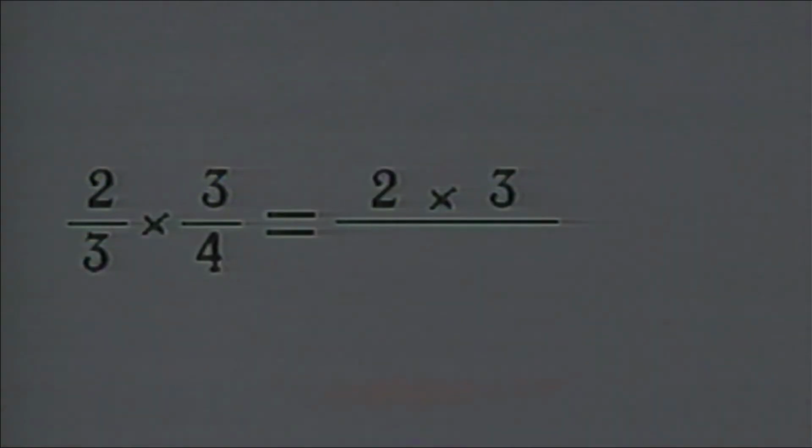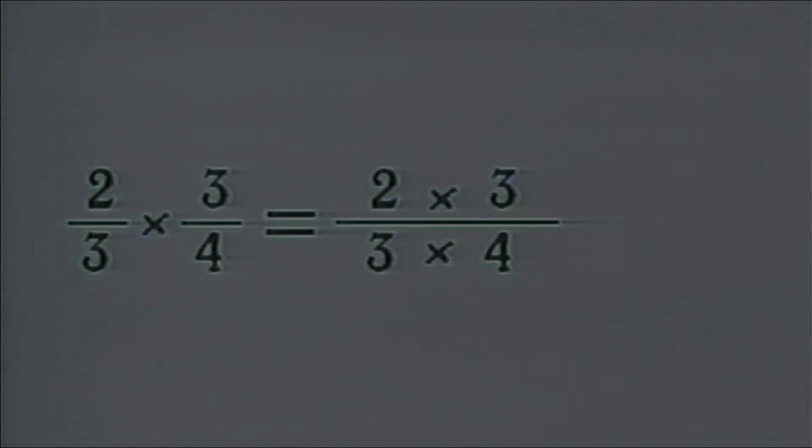Very good. Now let's do example number 2. This time we multiply 2/3 times 3/4. First, we multiply the numerators. That's 2 times 3. Then we multiply the denominators. 3 times 4.